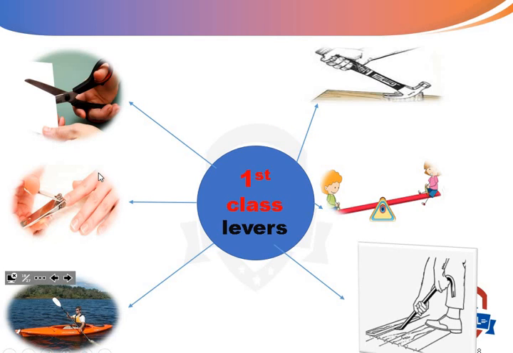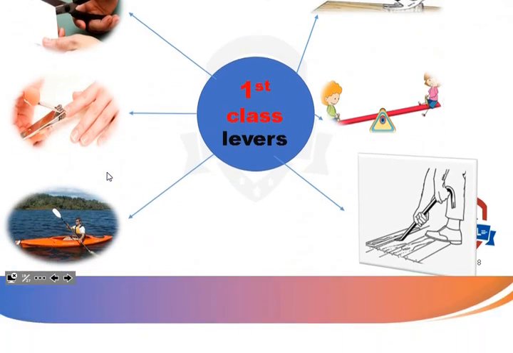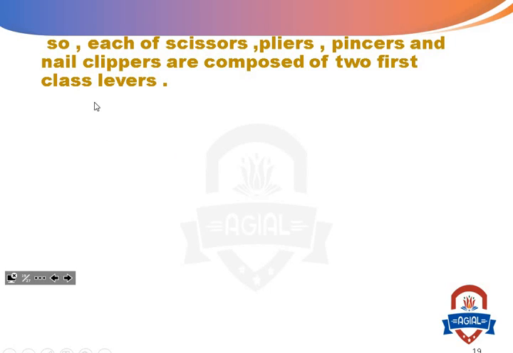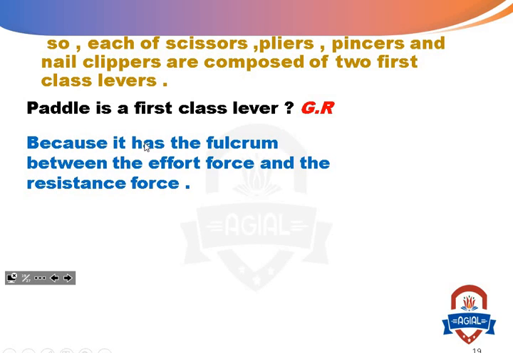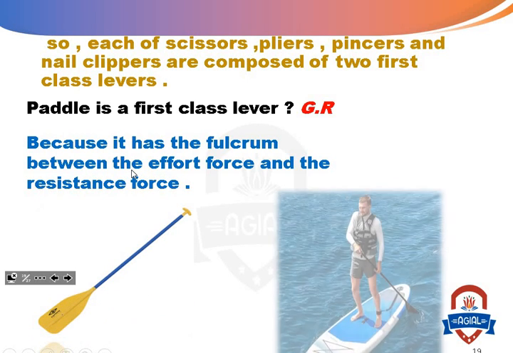They are the first class levers, and they are very popular in our daily life. Each of scissors, pliers, pincers, and nail clippers is composed of two first class levers. Paddle is a first class lever. Why? Because it has the fulcrum between the effort force and the resistance force.